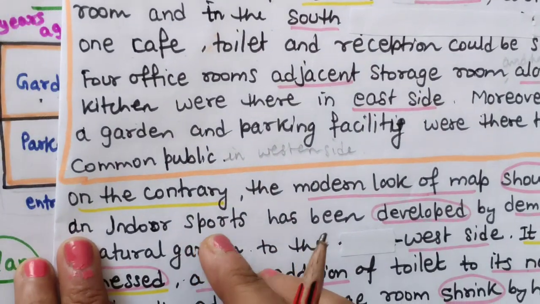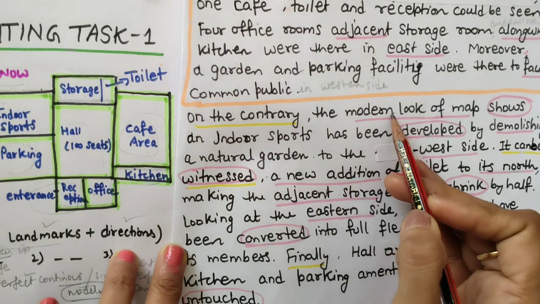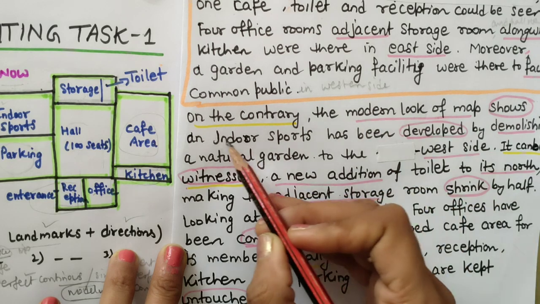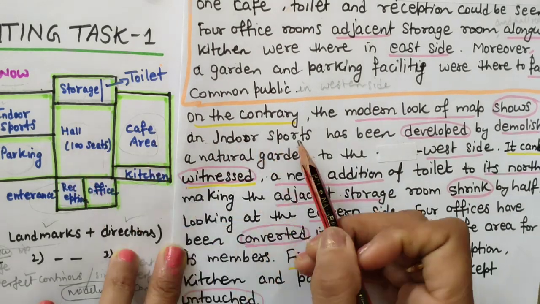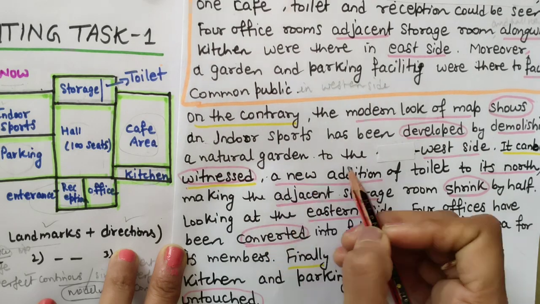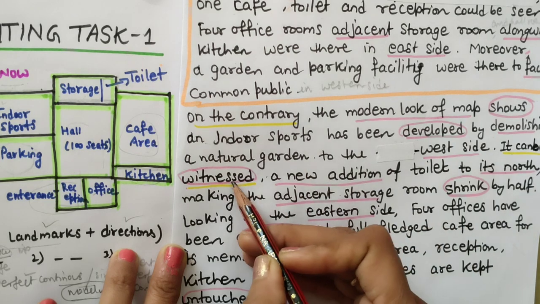Now coming to the second map. On the contrary, the modern look of the map shows an indoor sports area has been developed by demolishing the natural garden on the west side. It can be witnessed.